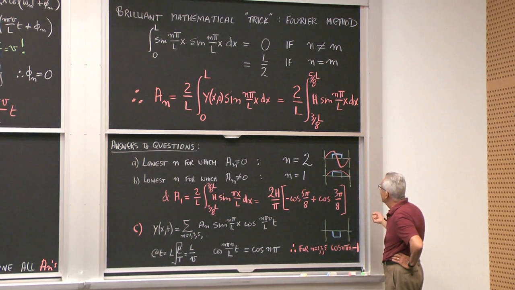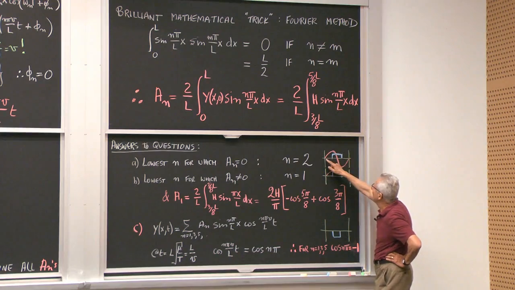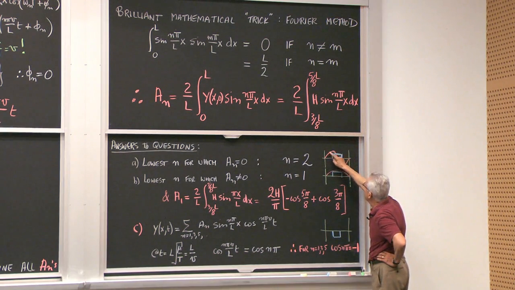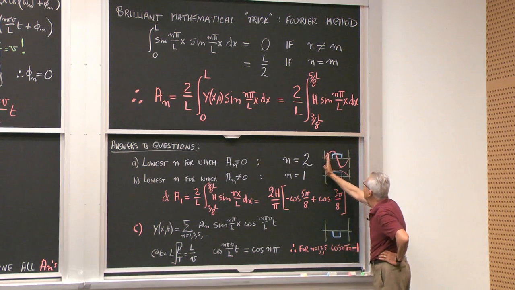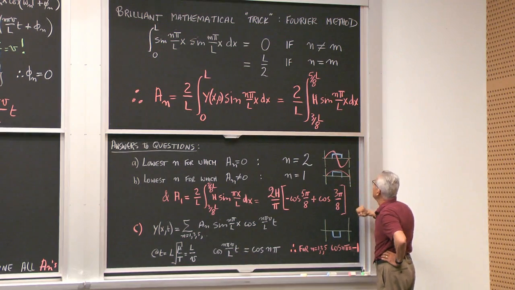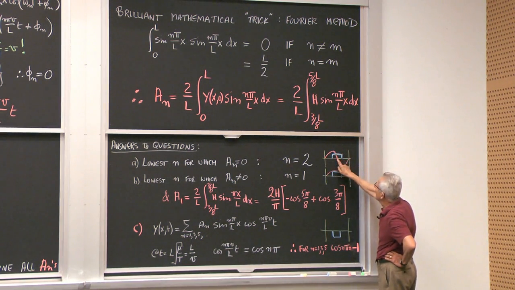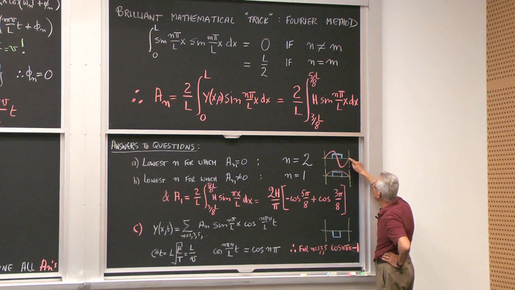Let's take the second one, the second harmonic. In this calculation, you're multiplying this y by this function and integrating it, okay? Notice this y is symmetric about the middle, but this sine function is an anti-symmetric function. So the sine is negative to the right of the middle and positive to the left.